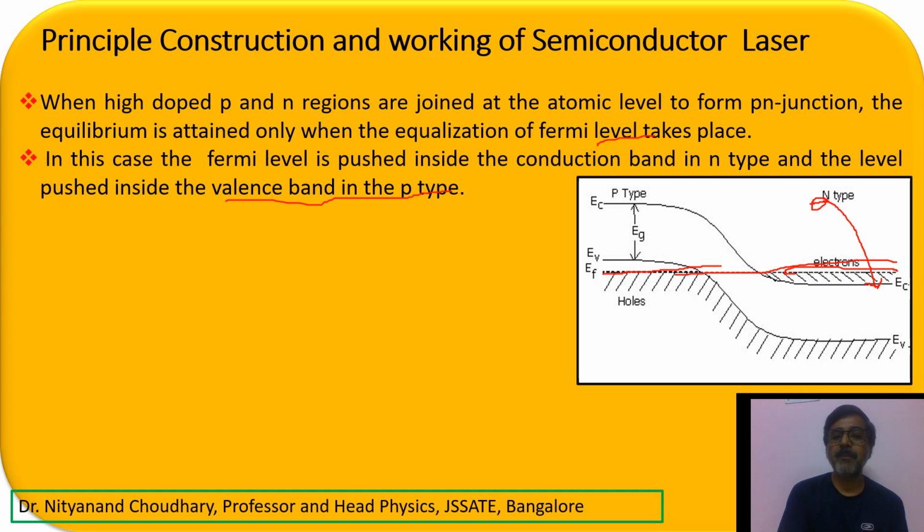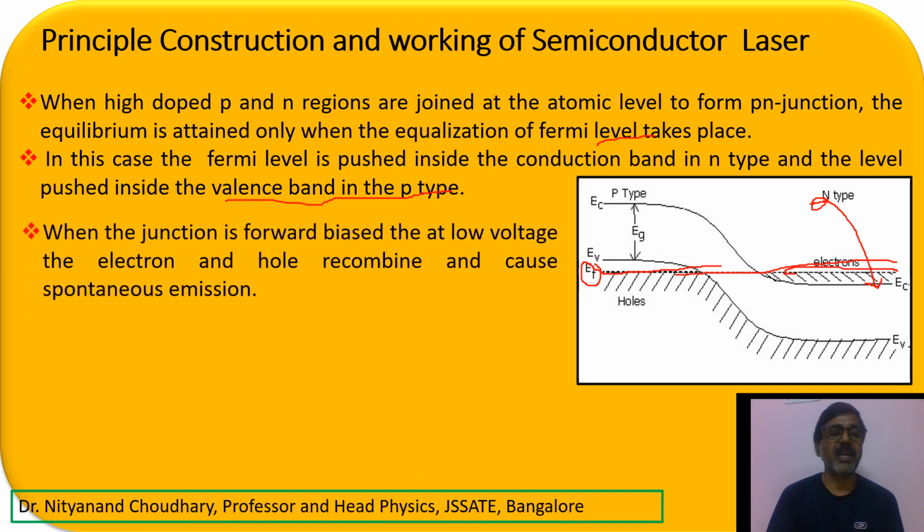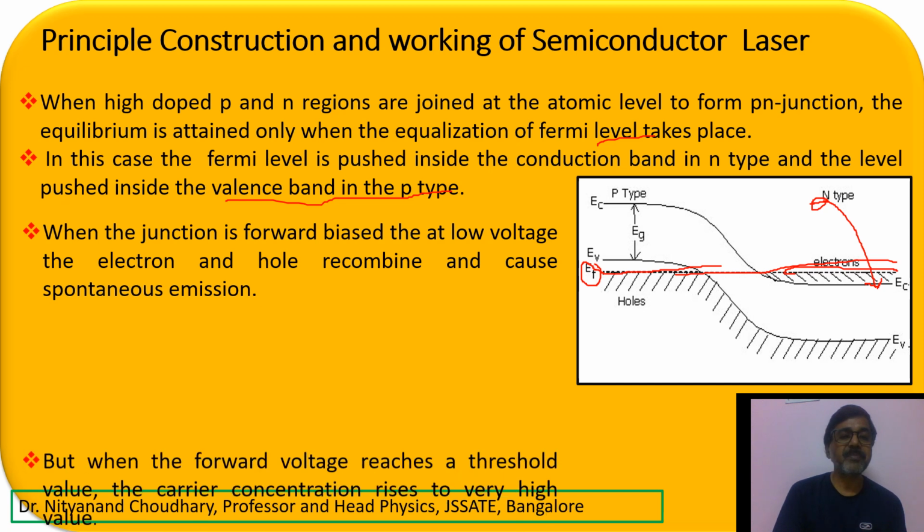So here the Fermi level has come inside the valence band, to make your Fermi level in the equilibrium state. When the junction is forward biased at low voltage, the electrons and holes combine and cause spontaneous emission. Right? Because you'll have only a few fusions, and that fusion energy we are going to use for the stimulation, right?